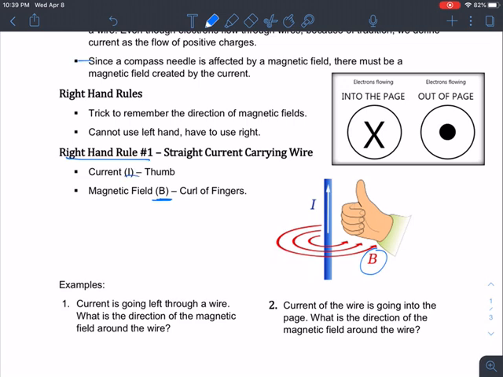Current is I, I don't know why. Magnetic field is B, because. It doesn't get simpler than that. So if the current in the wire is going up, the magnetic field is going around that way. Interesting. Okay? How can you know which direction? If it's up, magnetic field is around.